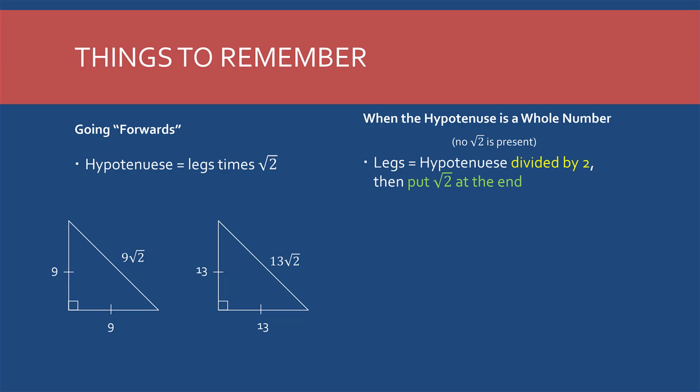What we're going to do is divide by 2 and then put the square root of 2 at the end. So our example here being a hypotenuse of 24. It does not have that square root of 2 present that we're used to. So divide 24 by 2. We get 12 for each of those. And then we're going to put a square root of 2. So 12 square root 2 would be the length of each of those sides.